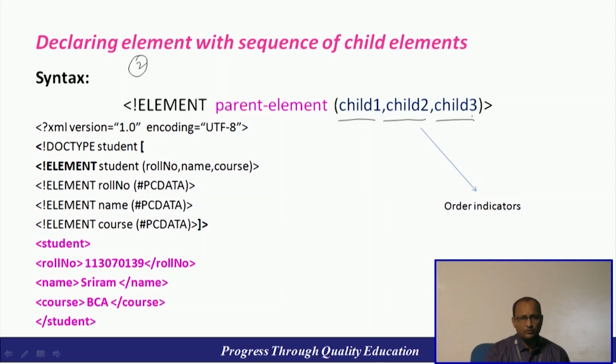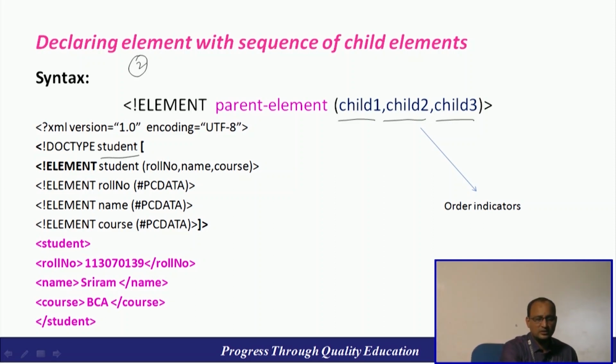The order that we have to specify for all the child elements. So, the order indicator, the comma, can be used here for separating whether it is child 1 or child 2 or child 3. This is actually a kind of grouping the elements.